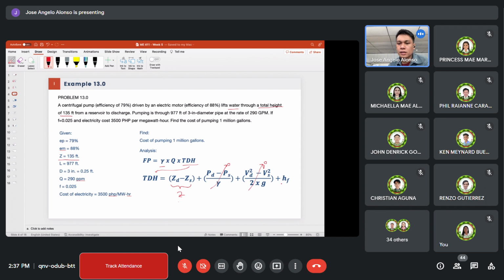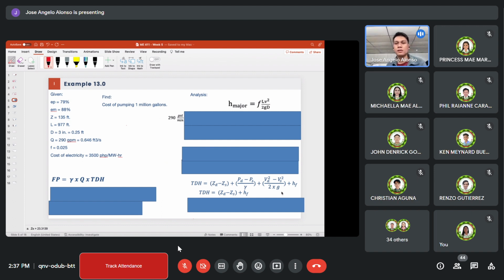And another factor here is what we call the major losses or the friction losses. Okay, binigay sa problem ang friction factor. So let's move to solve the head loss na tinatawag. So gagamit tayo dito ng Darcy-Weisbach equation. Tama ba, class? Binigay ang friction factor.